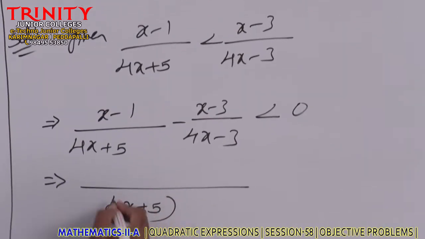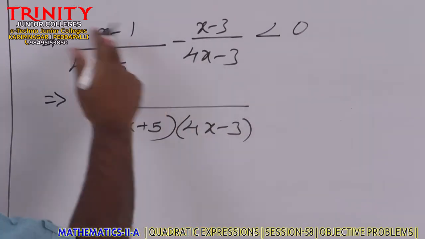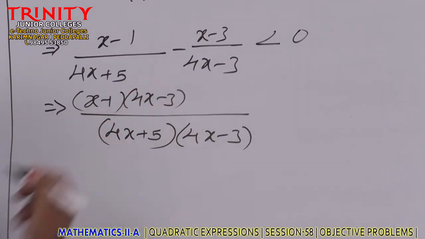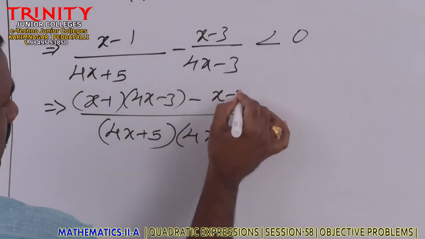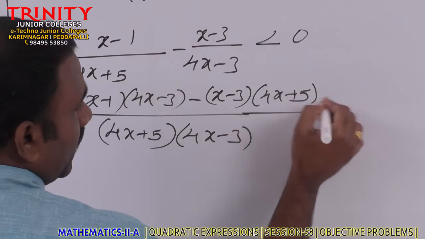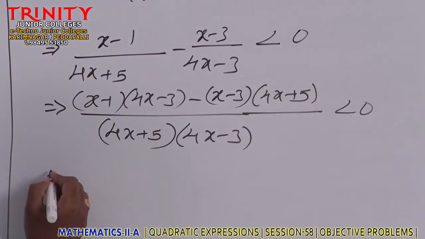The denominator is (4x plus 5) into (4x minus 3). The numerator becomes (x minus 1) into (4x minus 3) minus (x minus 3) into (4x plus 5), less than 0. Now simplify it.